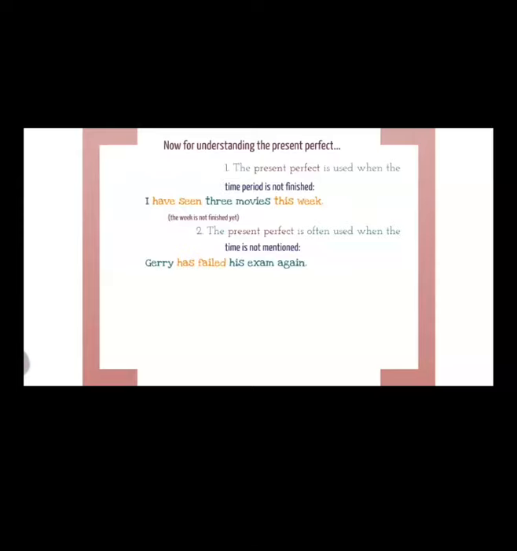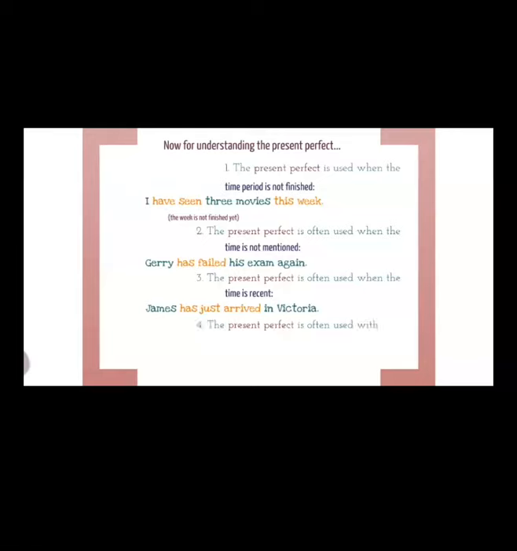Él perdió su examen, falló, ¿sí? Entonces, the third one, the present perfect is often used when the time is recent. Con el tiempo reciente, como que algo acaba de pasar. So, James has just arrived in Victoria.